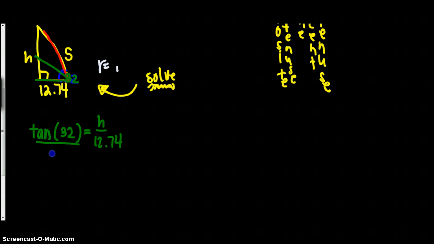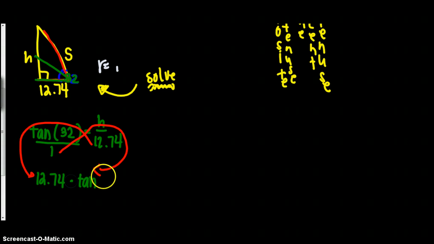And now you'd cross multiply. When you cross multiply, that should give you 12.74 times the tangent of 32, and then you'd set that equal to the variable, which is h.